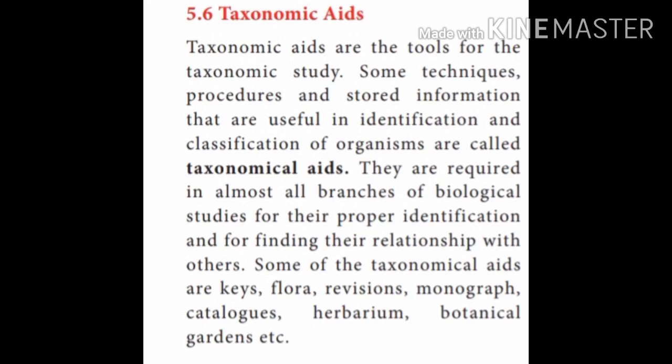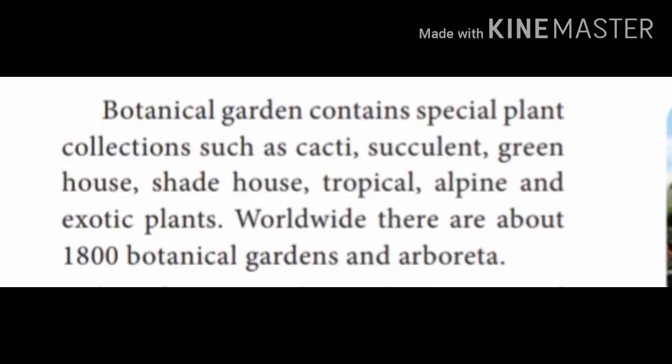In these places you can find the plant either in written format, in preserved format, or as a real living object. So by going into them, we can identify and study the plants, which we call the taxonomical aid.